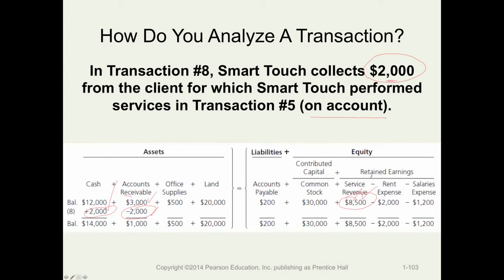You recognized revenue in the prior period when the services for the client were performed. And notice again that you did not change the total, just the composition of the assets, so liabilities and equity stay the same as well. So your total stockholders' equity in this case is going to be 35.3.